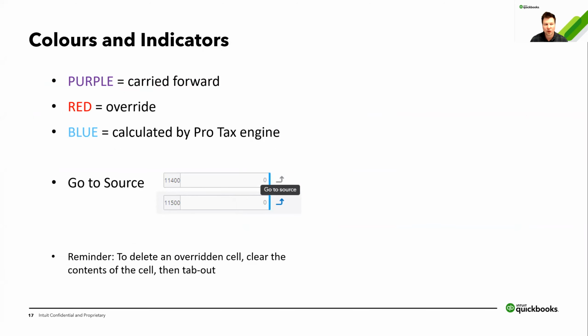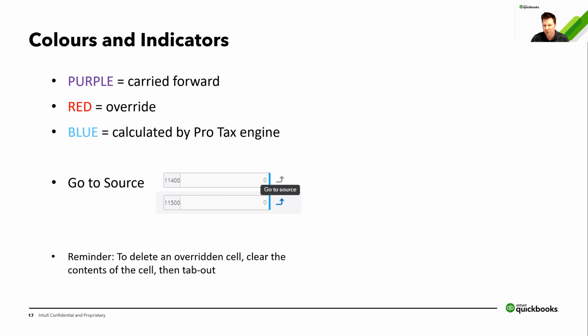Something that is universal to ProTax, T1, T2, T3, are the colors and indicators. And I always say, take a screenshot of this screen because it will help you navigate ProTax a little bit easier. There are different cell colors, as you can see by a couple of those fields or cells that I'm showing here, the ones with the blue. You will see that little area of color on the right-hand side of the field.